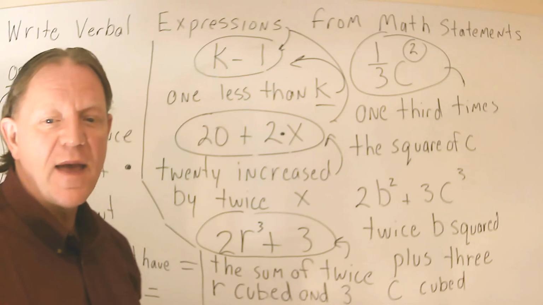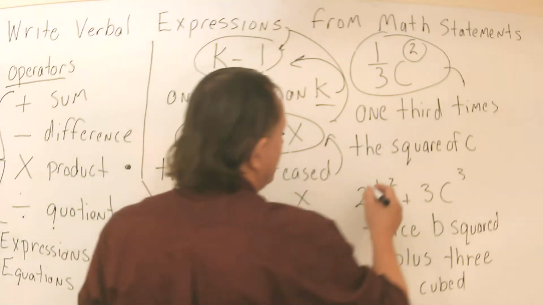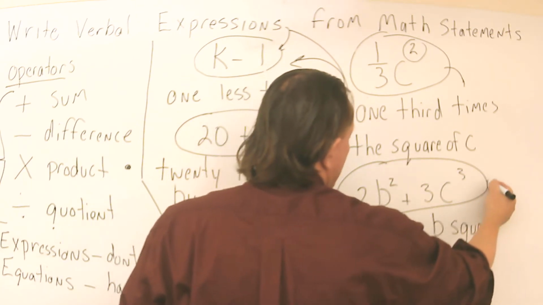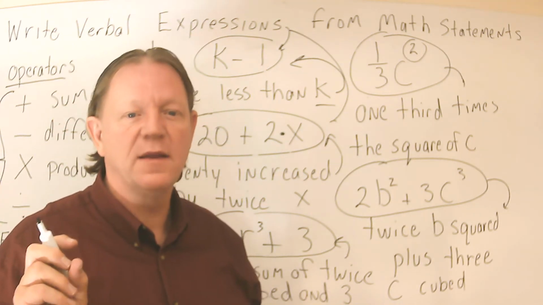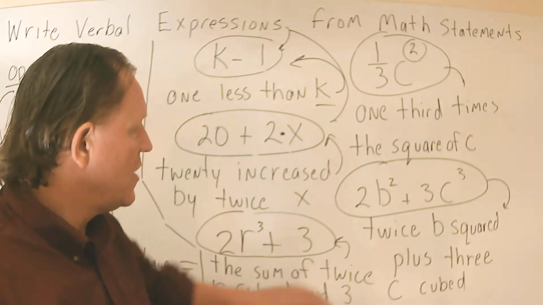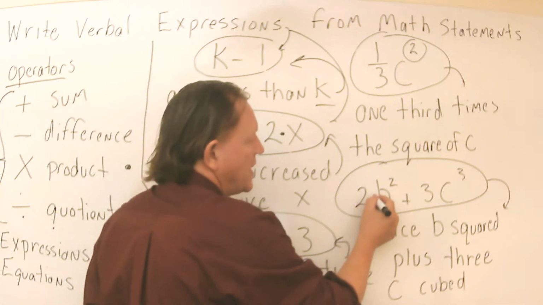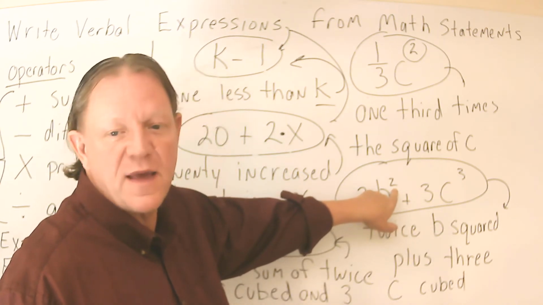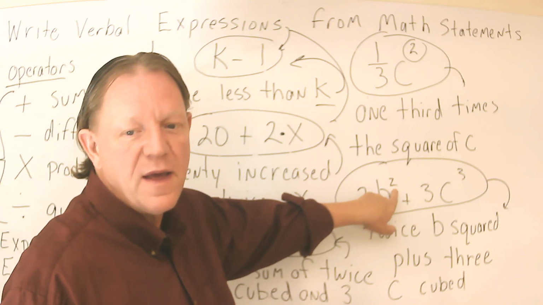Let's go ahead and look at another expression. Here's one right here. And we're going to go ahead and write that in verbal form. Remember, there's not just one way to write that, but we're going to go ahead and look at it. We can say it was twice, 2 times. Remember, there's this multiplication operator right there. Twice b squared. I could say b to the second power, but here I've chosen to say b squared.